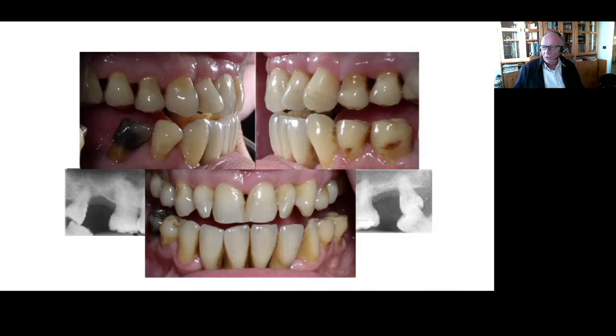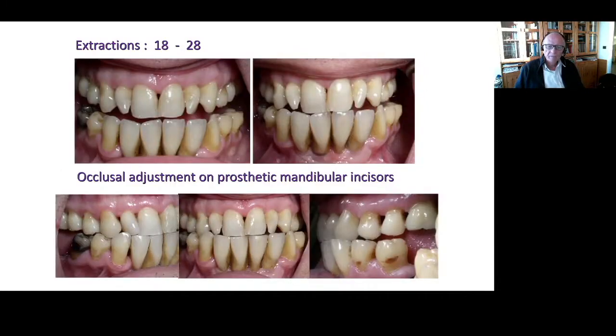You see the contact only on the third molar and anterior open bite for the others. Occlusal adjustment. Extraction of the third molar. Here we are. Initial, after extraction. Only contact here.